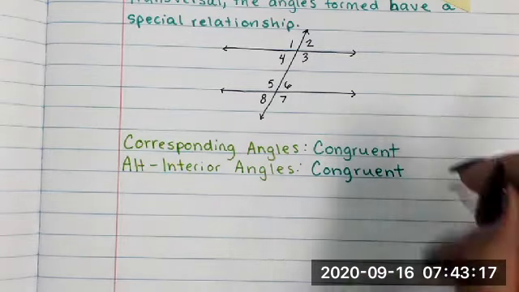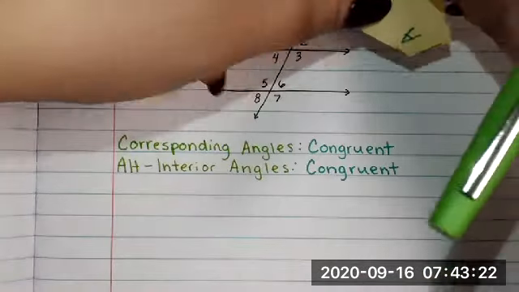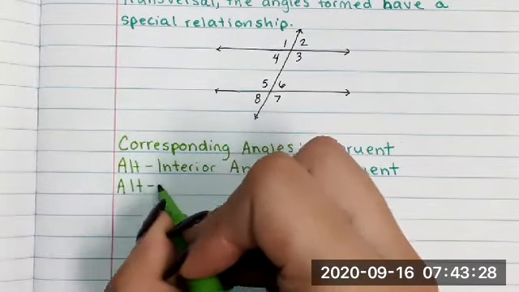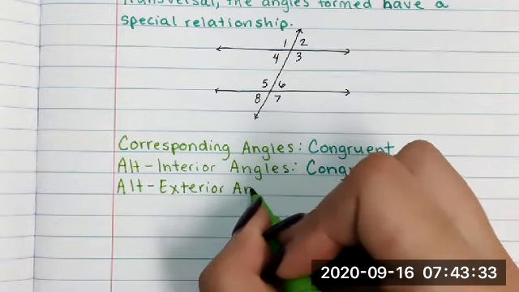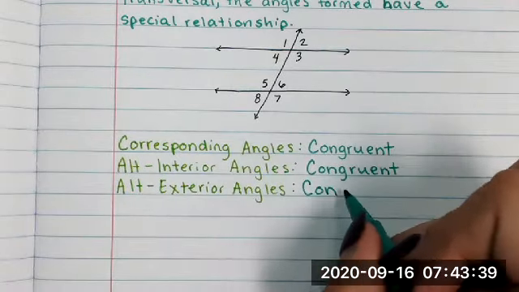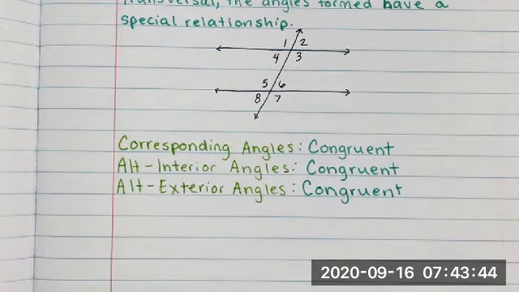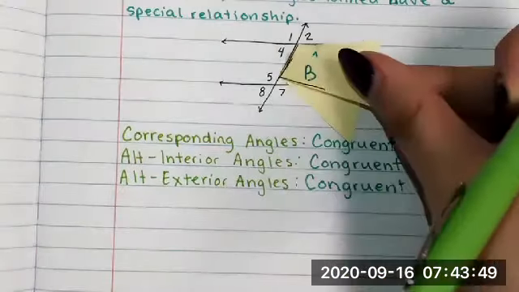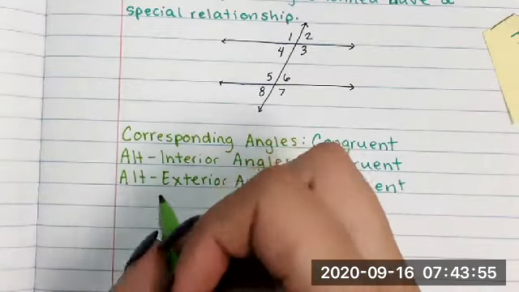And then we did the alternate exteriors, which were the same. And lastly, we had shown that the same side interior angles were congruent, or excuse me, supplementary.